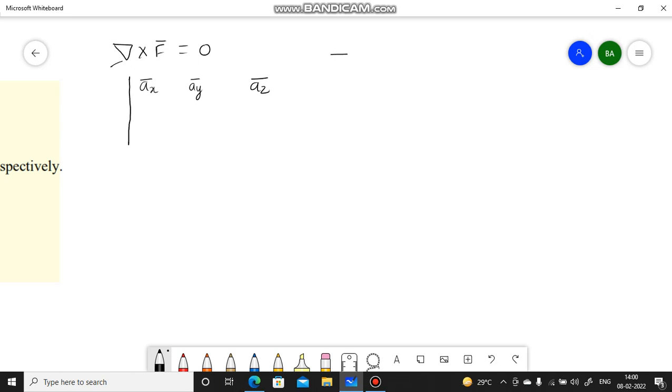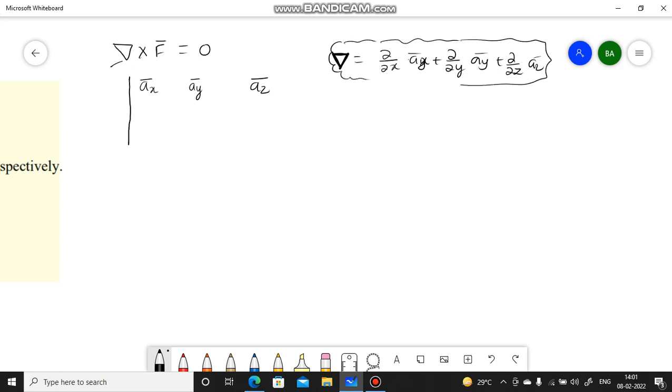Operator del in the Cartesian coordinate system is dou by dou x ax bar plus dou by dou y ay bar plus dou by dou z az bar.